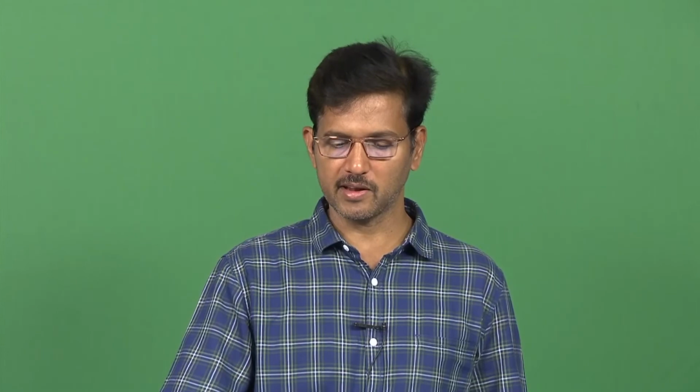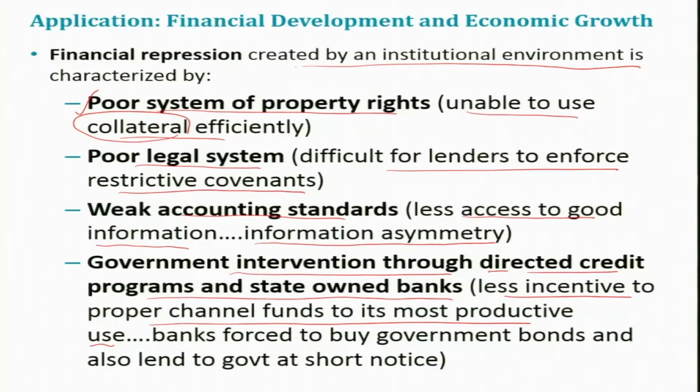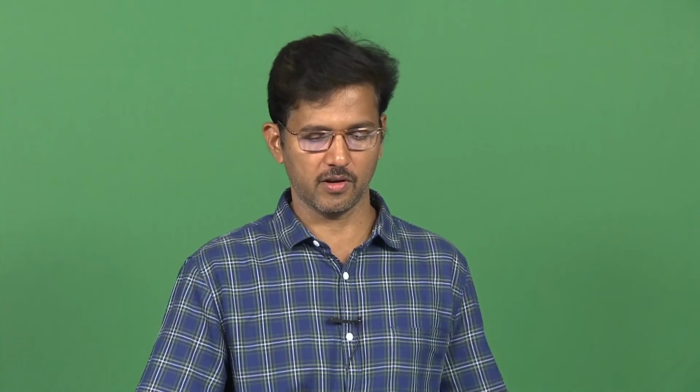When the banks get these directives, they have to follow the orders from the government. Because of that, what happened is, as I said in the beginning of the course, that the financial system ensures efficient use of capital.